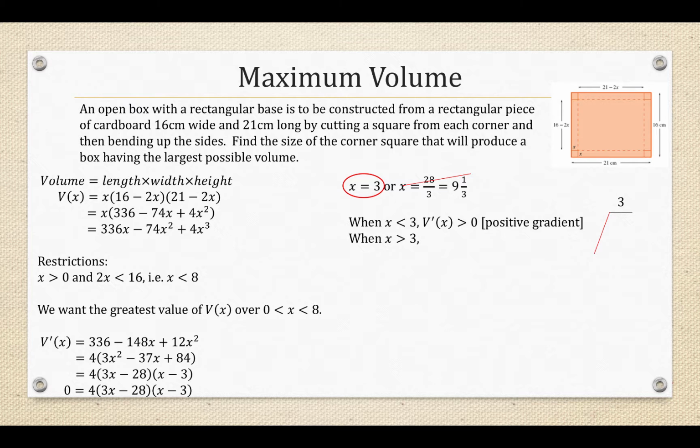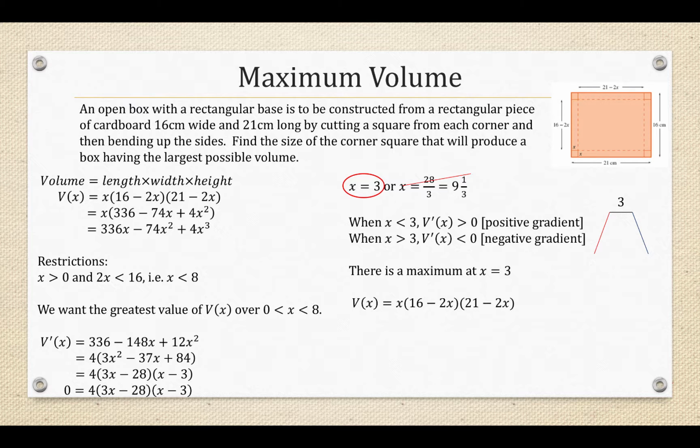When x is greater than 3, then the differential of V with respect to x will give a negative value, or a negative gradient. If we have a look at that image that we've produced, those values before 3, the gradient goes up toward the 3, those values after 3, the gradient goes down. So we get the highest point at 3. Therefore we know that there is a maximum at x is equal to 3.